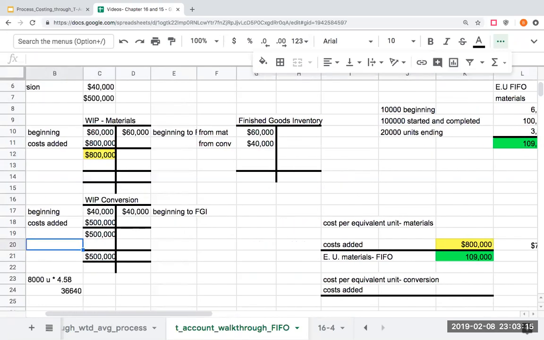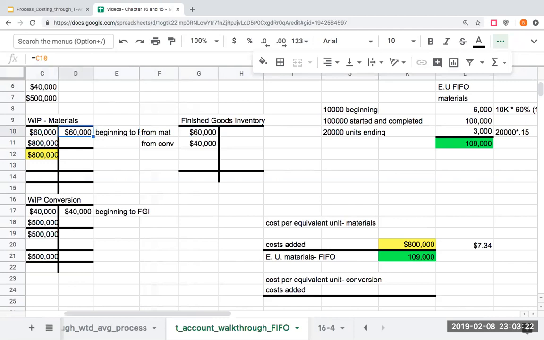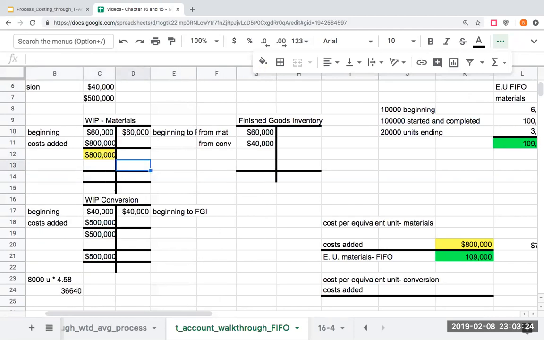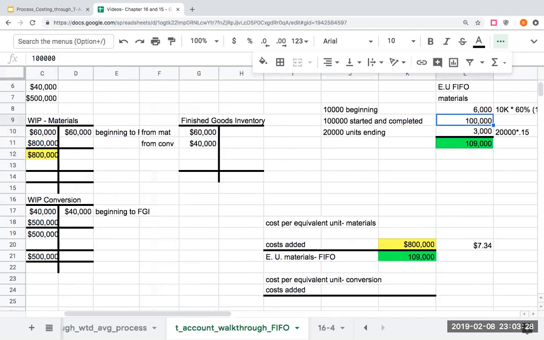Now, when I go through and do this, I'm doing the same thing. My ending equivalent units are 3,000, so clearly I need to take part of this out. What I'm going to take out is my beginning inventory that I finished during the period plus the 100,000 started and completed.